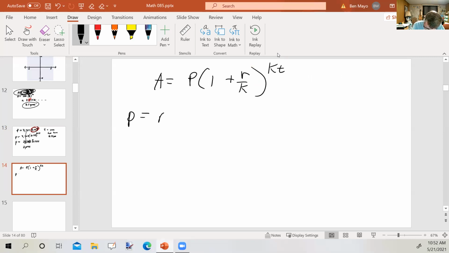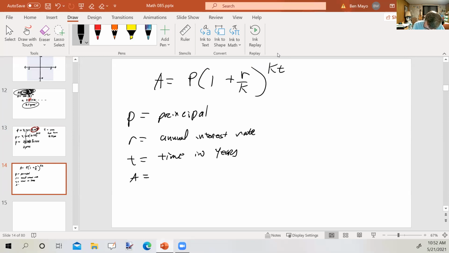So P is the principal. And R is the annual interest rate. T is time in years. A is the final amount or accumulated amount.